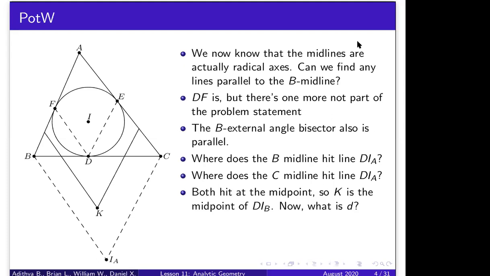Yep. The length D is actually the A-exradius over 2. And the way to see this is that since K is the midpoint of DIA, the distance from K to BC is half the distance from IA to BC. And the distance from IA to BC is just the A-exradius, which tells us that the distance from K to BC is half the exradius. Does that make sense?